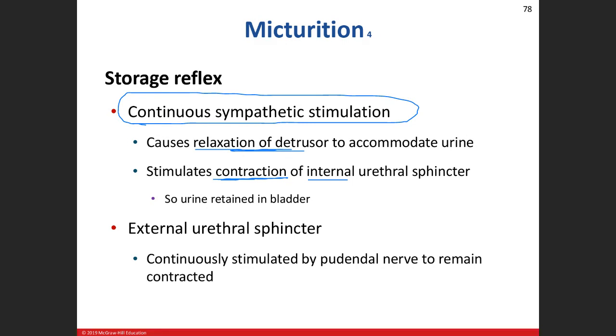Meanwhile, the external urethral sphincter is constantly being innervated by the pudendal nerve, so it too is contracting those muscles, again to retain urine and keep it inside the bladder. You're not even thinking about your pudendal nerve right now, but it is stimulating the external urethral sphincter.